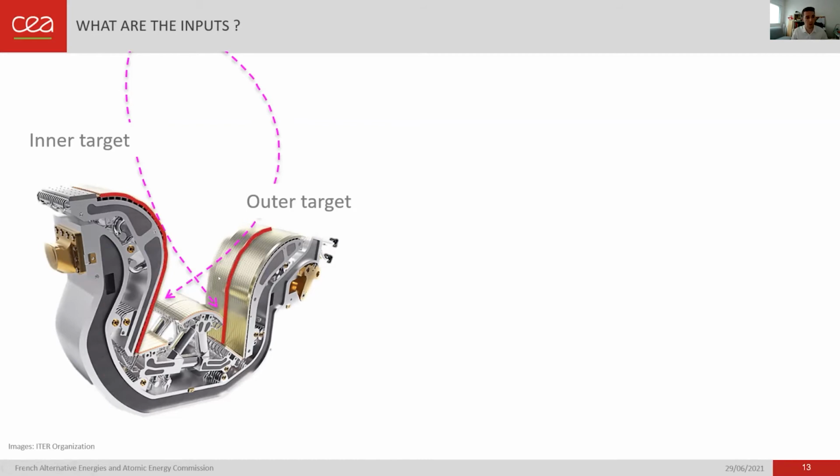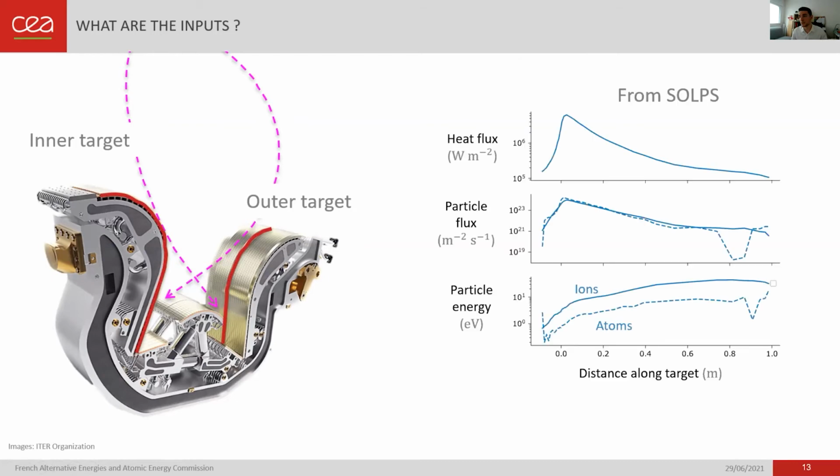So that's where you guys come in. For instance, if we take the outputs from the SOL-PS code, this is the kind of distribution that we have. We can assess the distribution of the heat flux along the target, the distribution of the particle flux, and the distribution of the particle energy, both for ions and atoms.